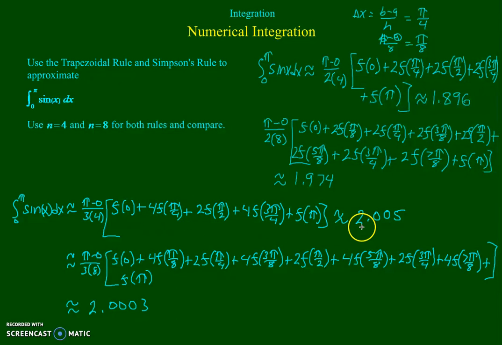So this approximation comes out to 2.005, which is a little bit closer than we've gotten with the trapezoidal rule with double the subintervals. So with half the subintervals for Simpson's, we've gotten a closer approximation than we got with twice the number of subintervals with the trapezoidal rule.